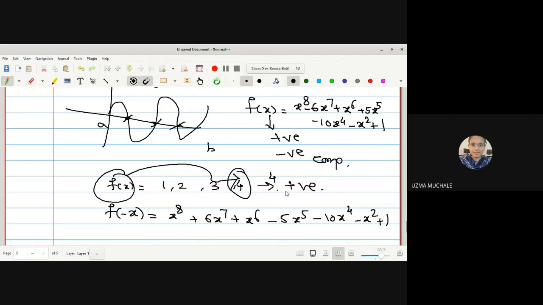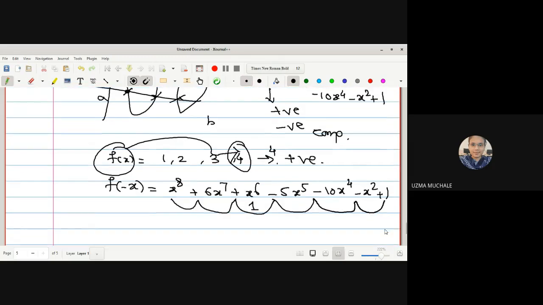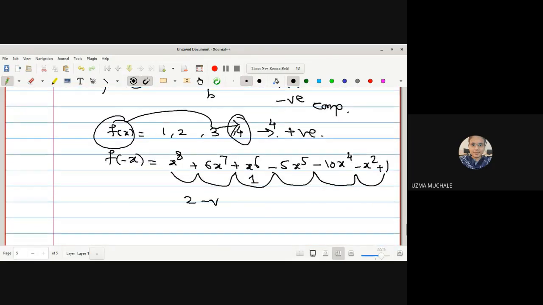That will be the number of positive roots. Now let me check how many times sign changes in f of minus x. Plus to plus, no sign change, no sign change, one time. Here no sign change, no sign change, again one time. So totally we can say 2 negative roots and 4 positive roots.